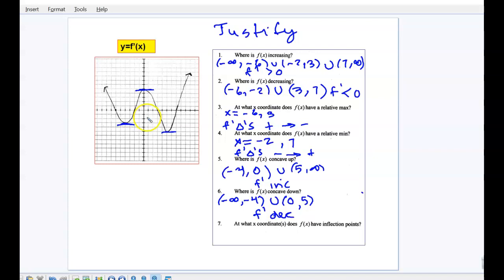So therefore, at x equals -4, at x equals 0, and at x equals 5, because that's where f prime changes from increasing to decreasing or decreasing to increasing. And there would be your final answer.